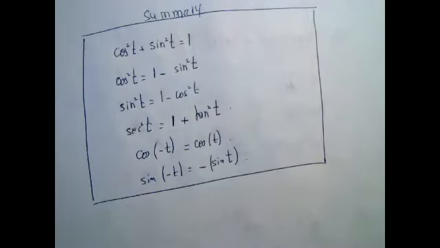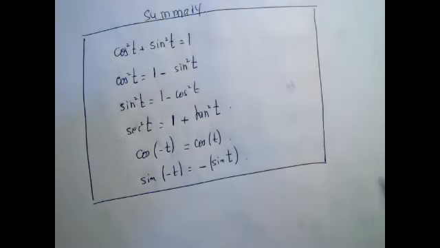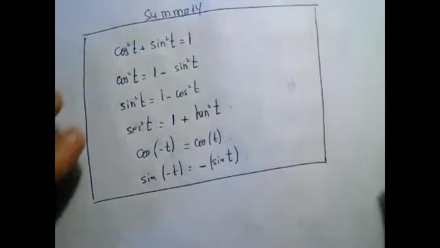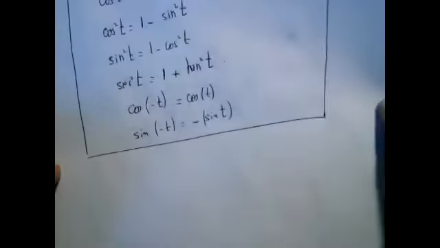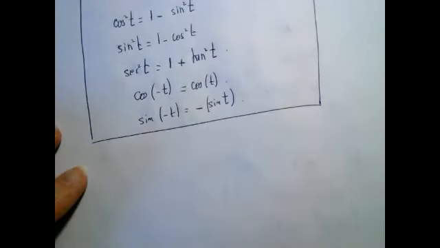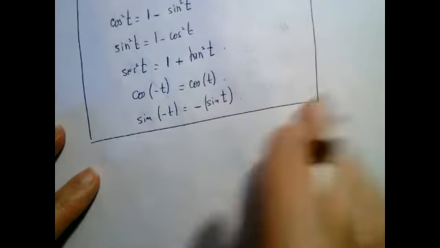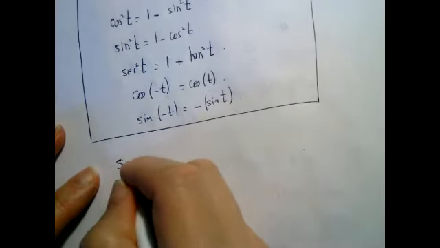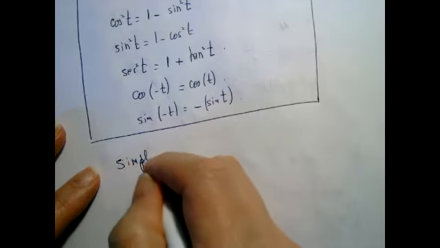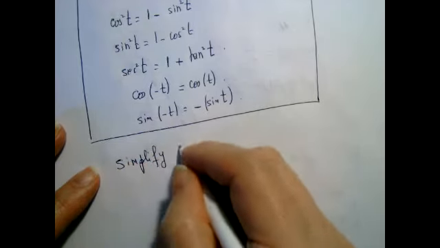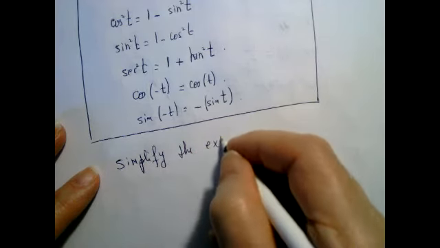Now I'm going to give you a few small examples, a way to practice those a little bit more, especially the first three. So my question is going to be the following. I'm going to give you an expression, and my question is going to be: simplify the expression below.